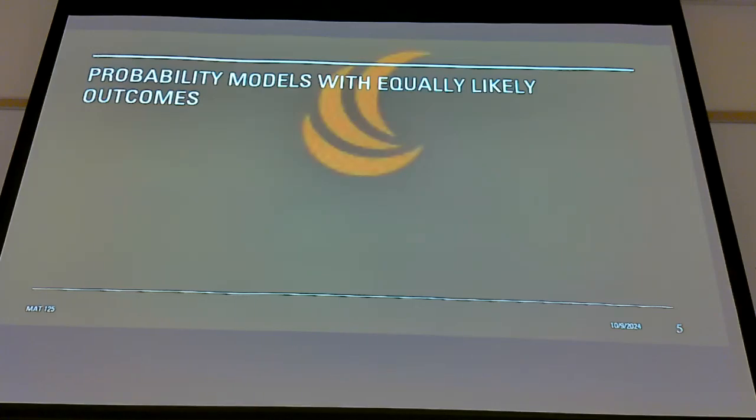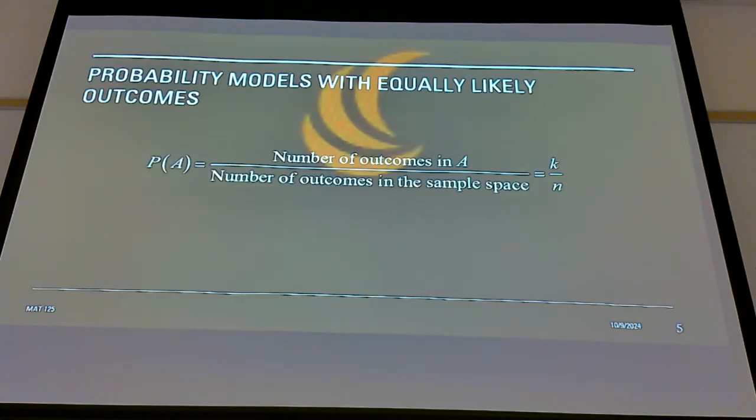If we're dealing with a model where each outcome is equally likely, then the probability of A is the number of outcomes in the set A divided by the number of outcomes in the sample space. So it's the size of your event, how many ways your event can occur, divided by the total number of outcomes, the size of your universal set.